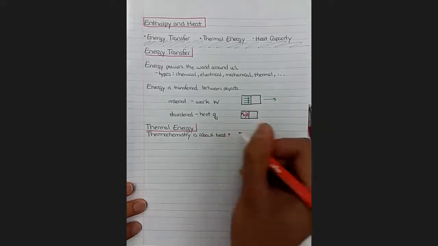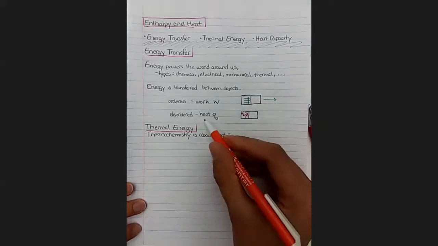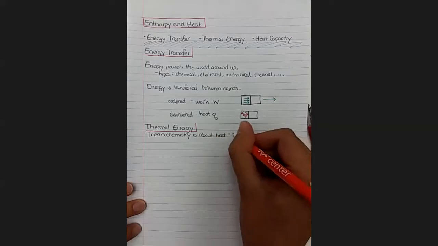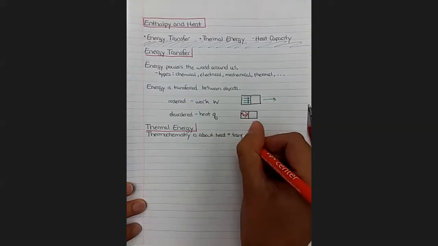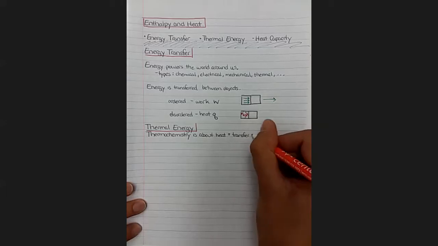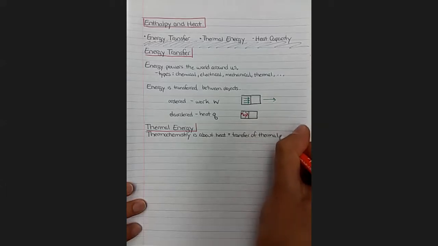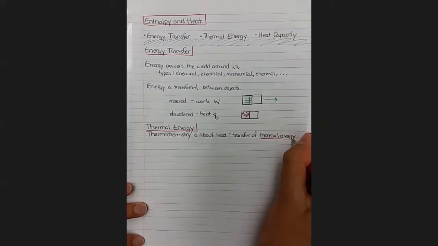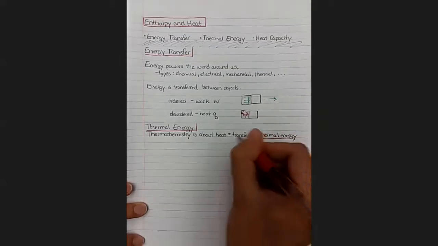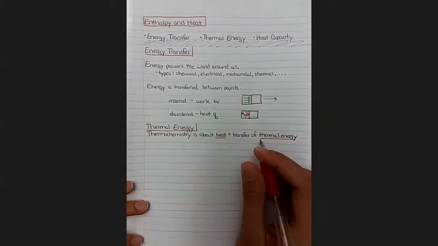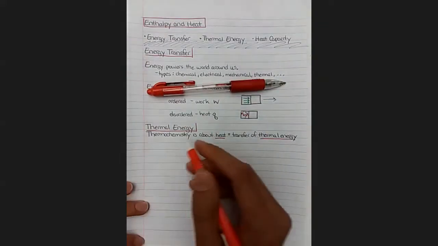Heat is the transfer of energy in a disordered way, and it's a particular kind of energy called thermal energy, one of those items in our list up there. So there's a couple of different heat-related terms here. Thermal energy is the type of energy in the objects, and heat is the transfer of that energy. It's like heat flow.